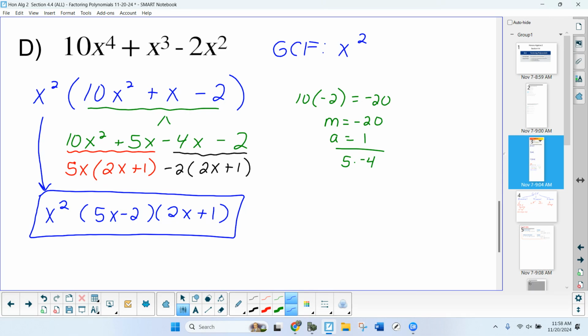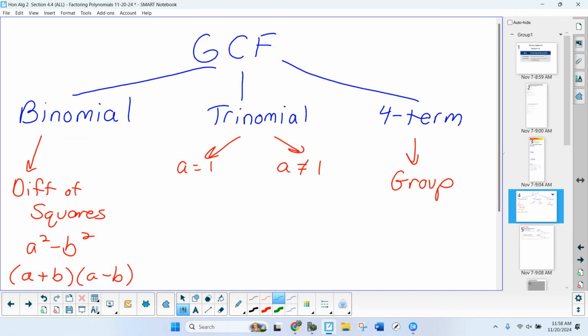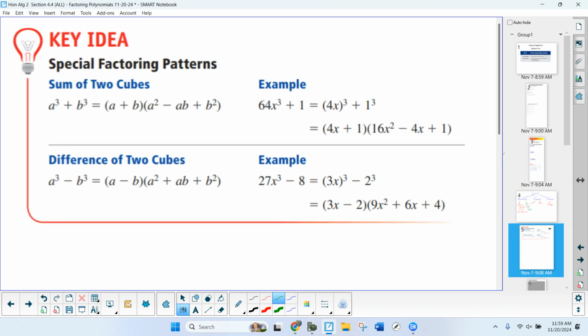Well, now underneath binomial, we are now going to add the sum and difference of cubes, because everything you guys have seen in red, you did in Algebra 1. Now we're adding sum and difference of cubes.